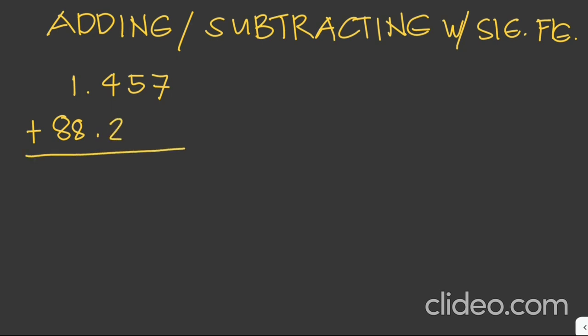Again, when adding or subtracting, we round our answer to the least number of decimal places. So in this case, the first number has 3 decimal places and the second one has 1 decimal place. So this is the least number of decimal places. Therefore, our answer should be rounded off to 1 decimal place.